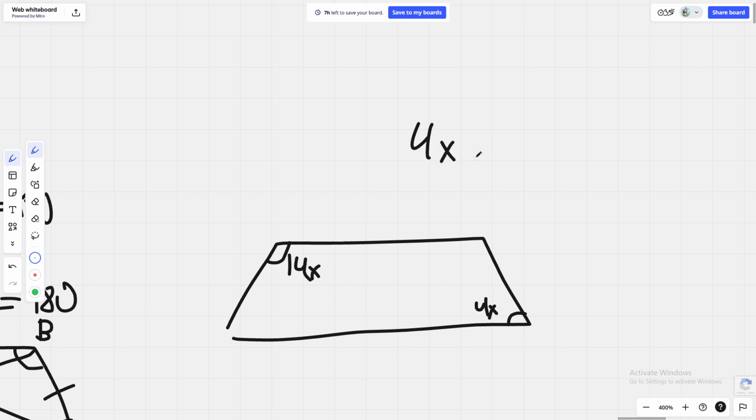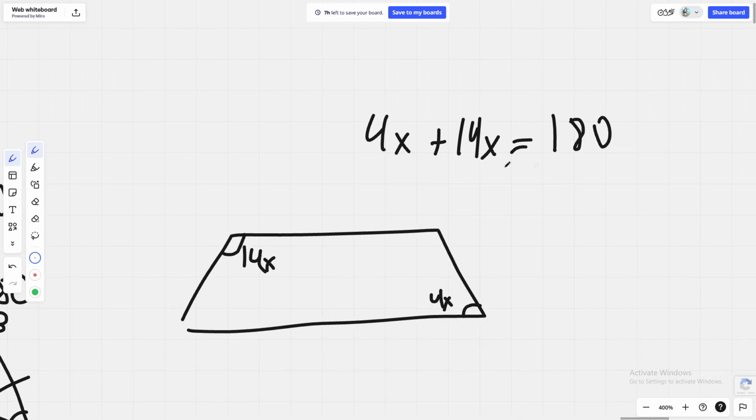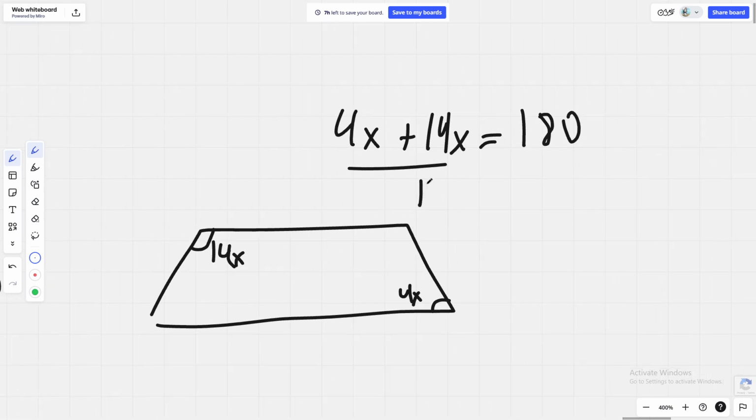So 4x plus 14x is equal to 180. Simplifying this, we get 18x is equal to 180. And if we divide both sides, we get x is equal to 10.